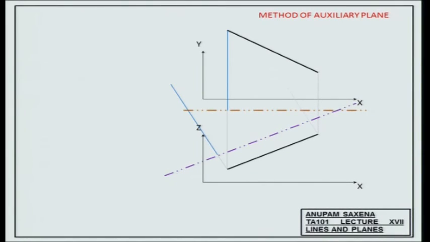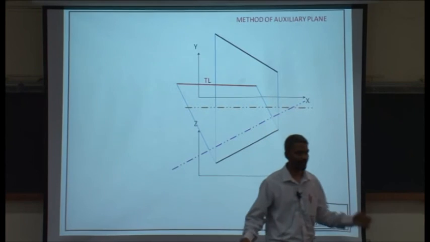Step number 4, measure this distance, and you're going to be measuring these distances from the hinge line. Mark that distance over here. You got 2 points, join these 2 points, you get a line which is going to be parallel to the auxiliary plane, and therefore it's going to be in true length. So this is a 3-dimensional line which is parallel to the auxiliary plane and therefore in true length.